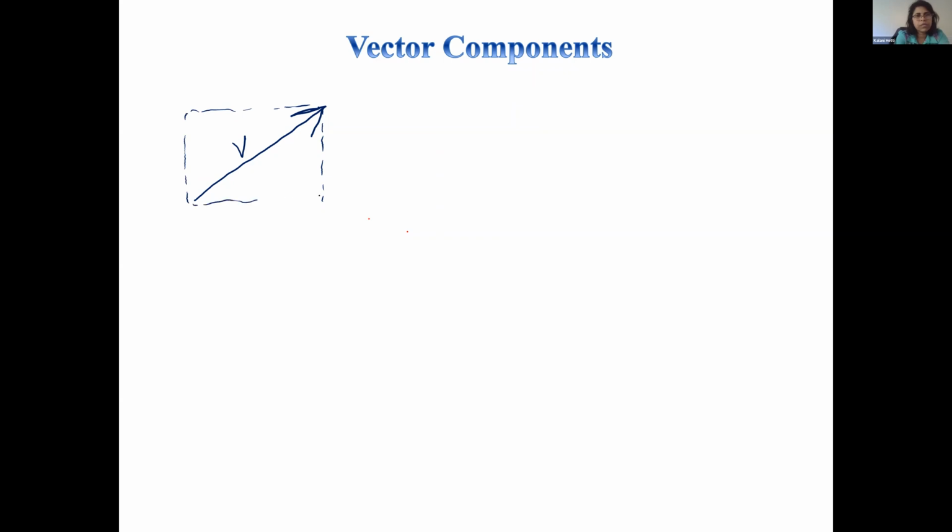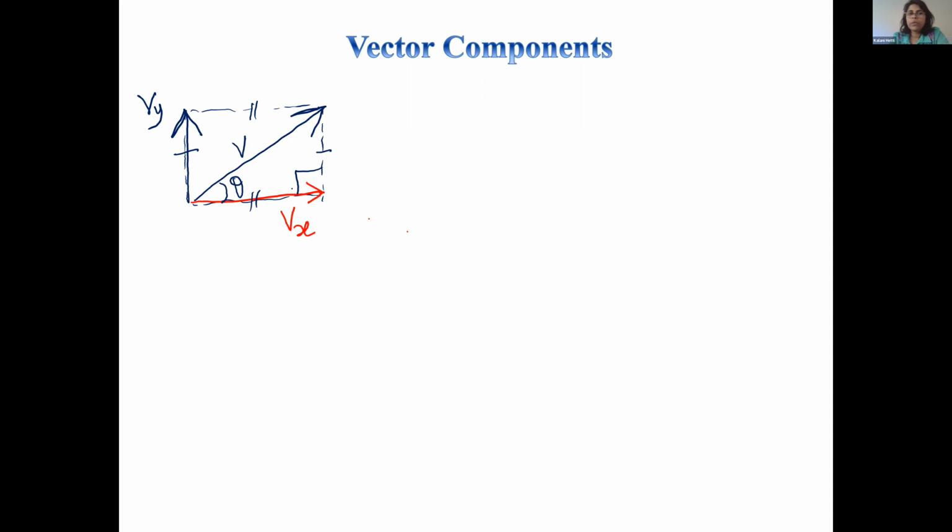I'm going to draw the parallelogram, and then I will have this part, because it points in the x direction, that is the x component of V vector, right? And then the y component of V vector will be this one. This is V of y, right? Let's say this angle is theta. So now this is the parallelogram. Parallelogram means basically these opposite sides are equal to each other, right? And also in this case, since these are perpendicular to each other, they are at 90 degrees.